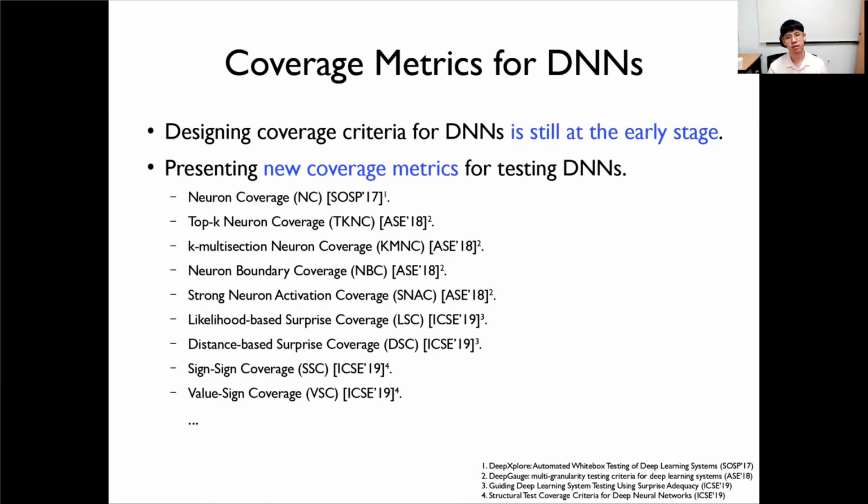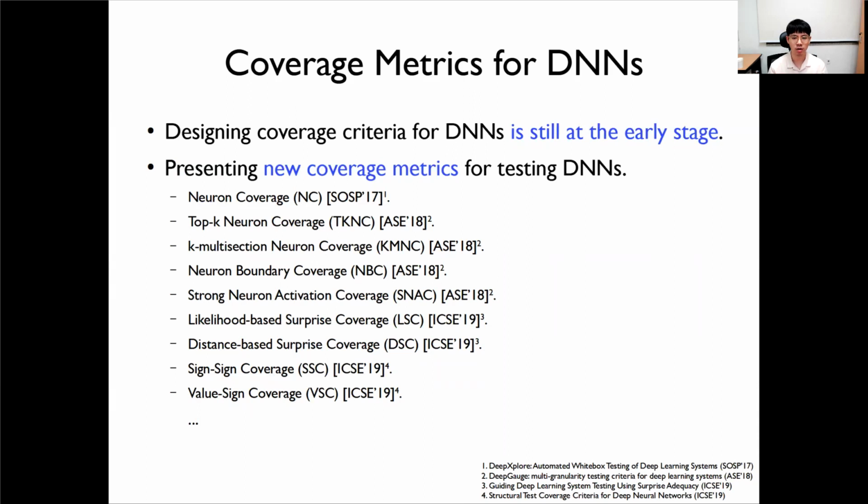Starting from neuron coverage, many different coverage metrics for DNNs, such as top-k neuron coverage, k-multisection neuron coverage, surprise coverage, and value sign coverage, have been presented in top-tier conferences like SOSP, ICSE, and ASE. But note that this research field is still at an early stage.